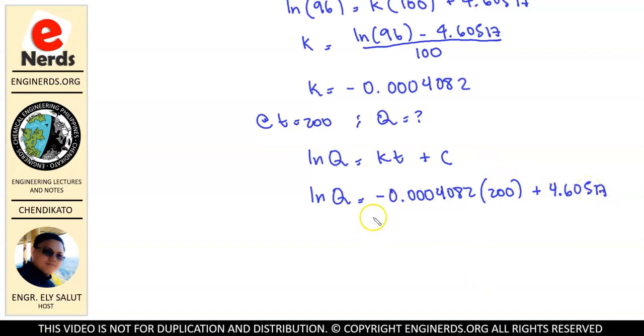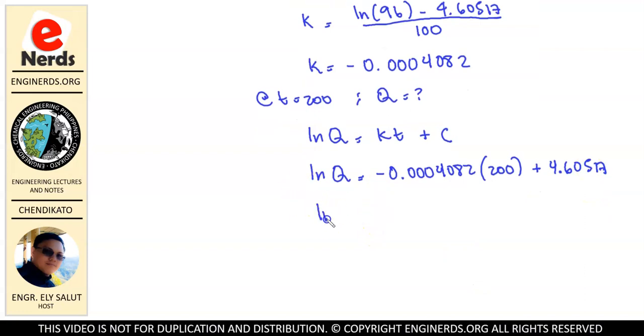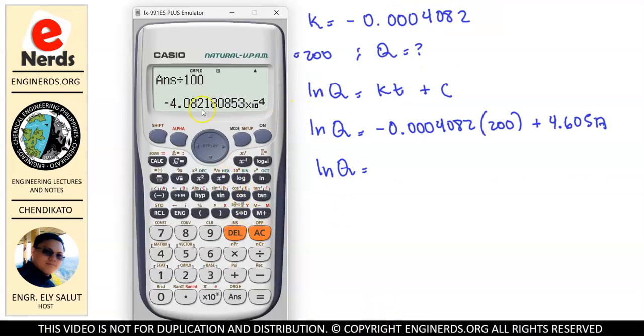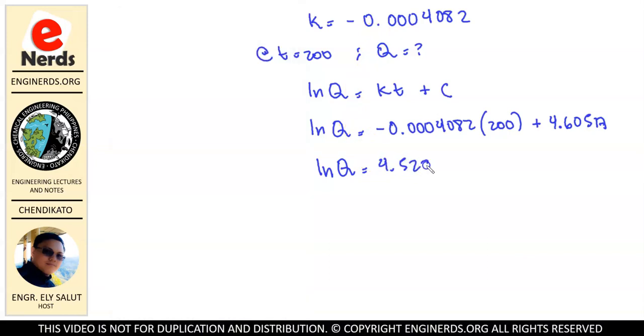Alright. So, as you can see, we can solve for the value of Q here. ln Q is equal to, let us use our calculator again, negative 4.082 times 10 to the negative 4 times 200, then plus 4.60517. So we have 4.5235. Right? So we're going to solve for Q, so we're going to have E on both sides of our equation.